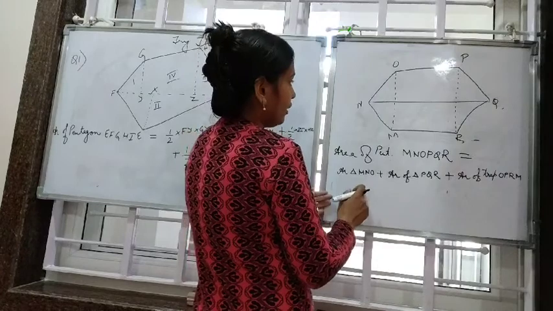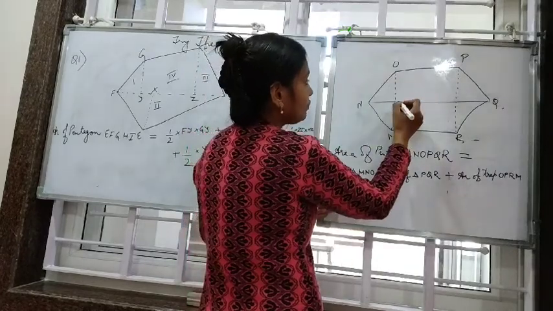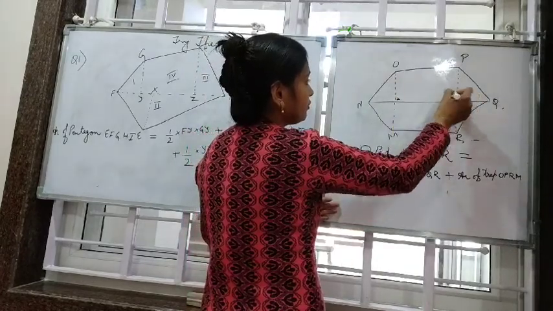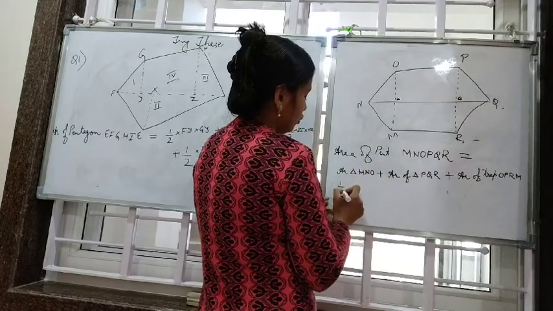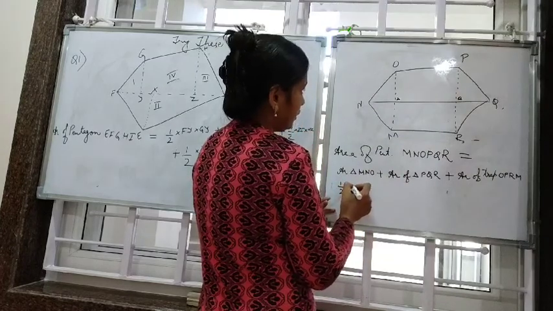So area of triangle MNO, half base into height. So half, what is the base?